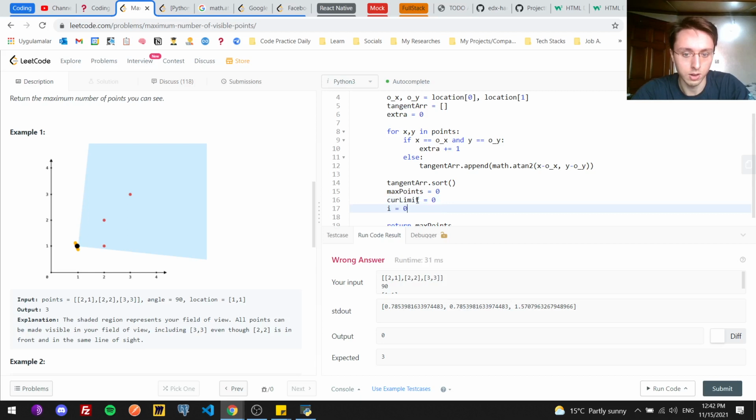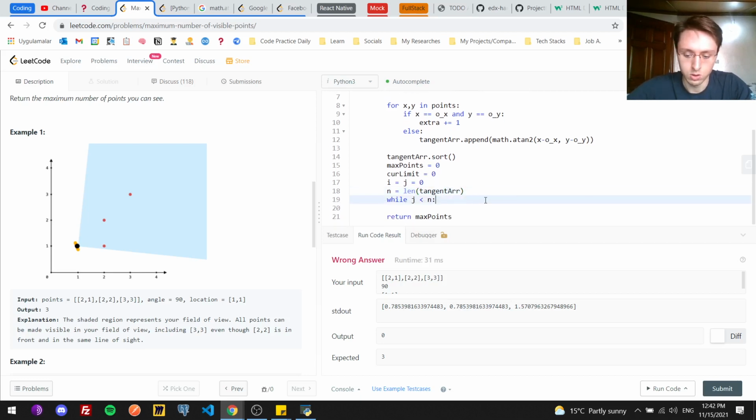So I will have i, maybe also j equal to 0, while j is less than n, which is the length of the tangent array. So here I will always increase j by 1.